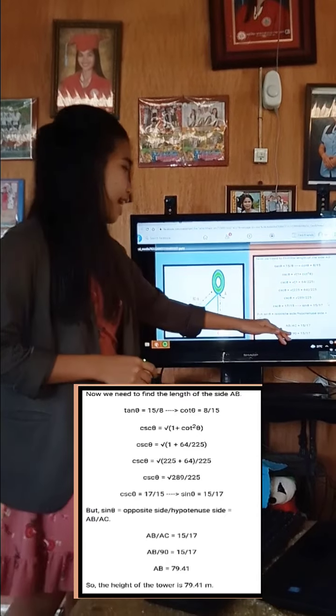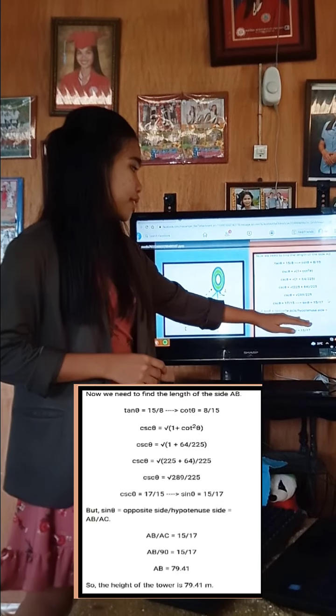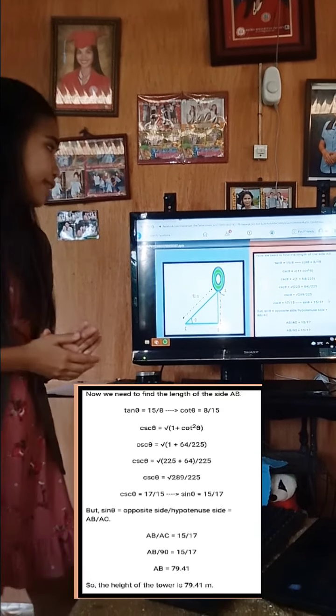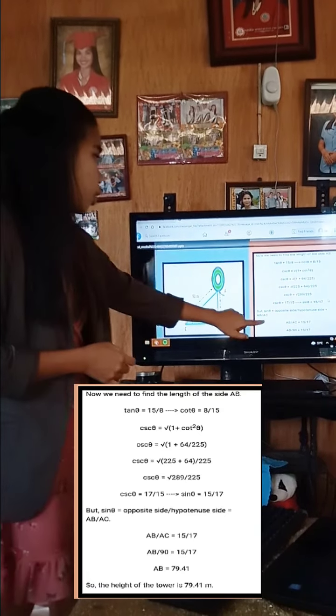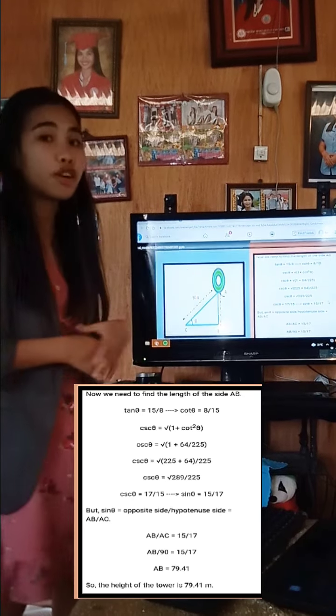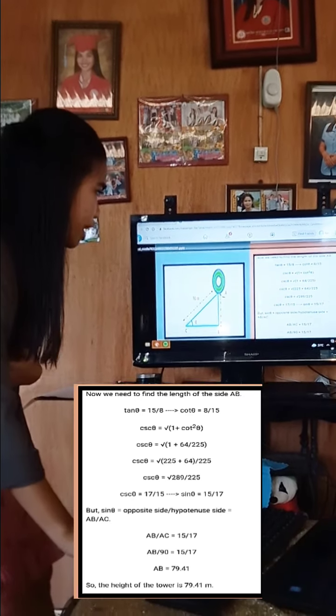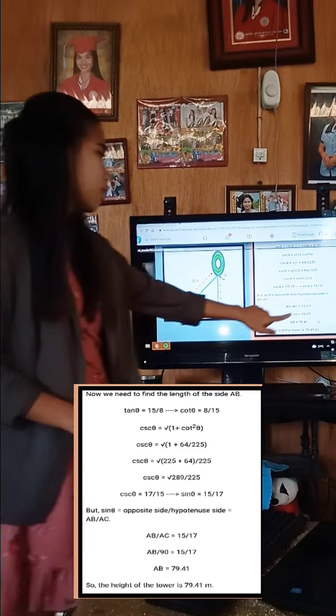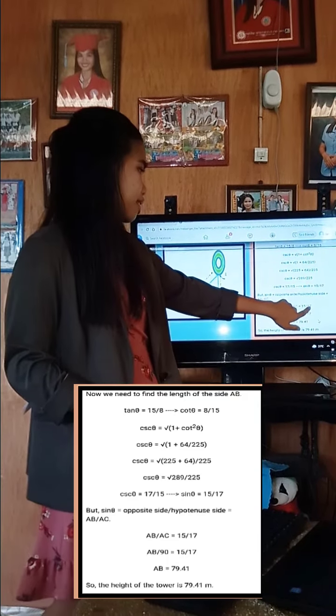Sine theta is equal to the opposite side all over the hypotenuse side. So we are going to apply this formula, AB all over AC. So AB all over AC is equal to 15 all over 17.